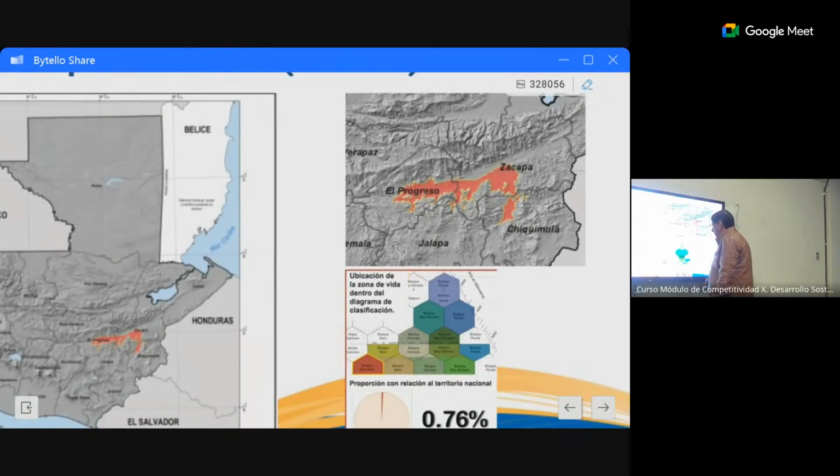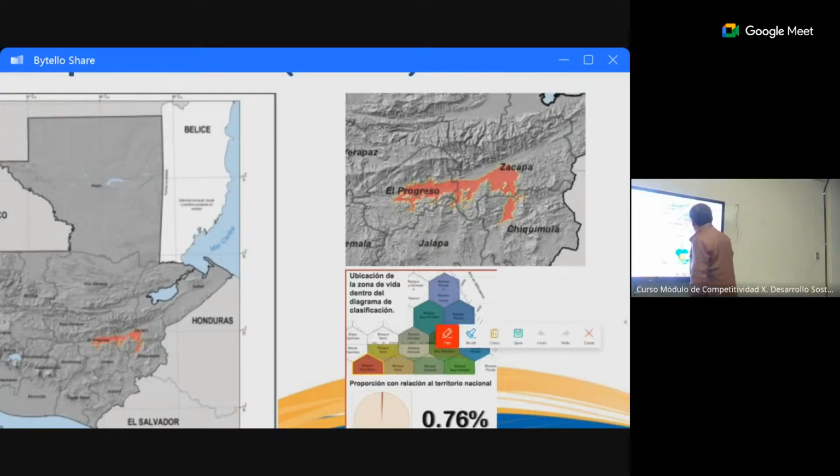And let's check the Holdridge model here. Okay, in this case, the name for the very dry forest in Spanish is bosque muy seco here.